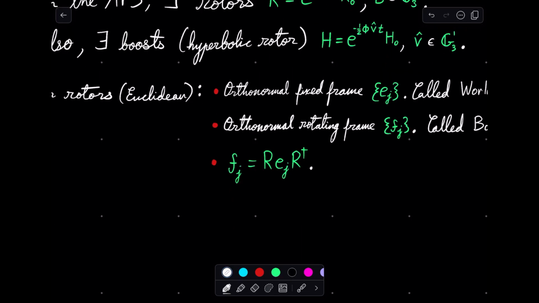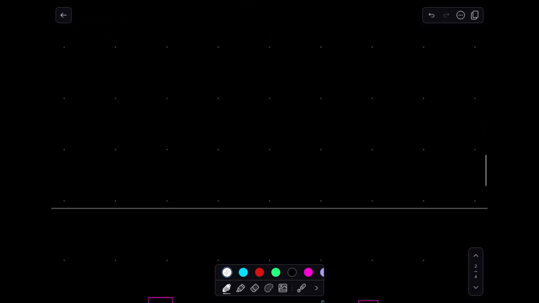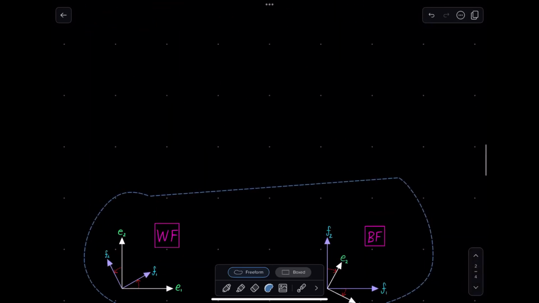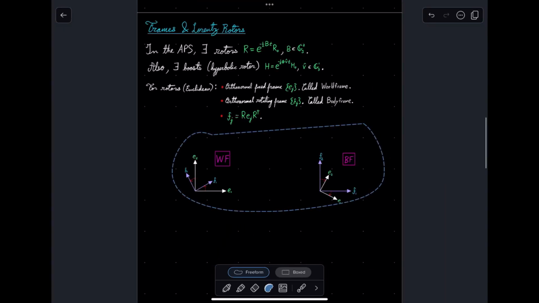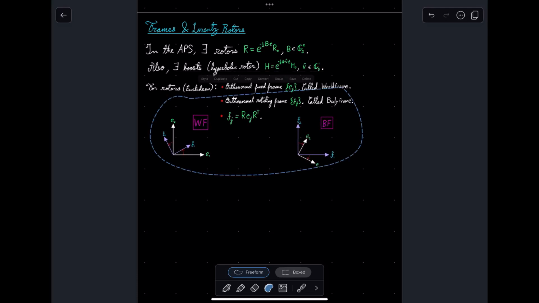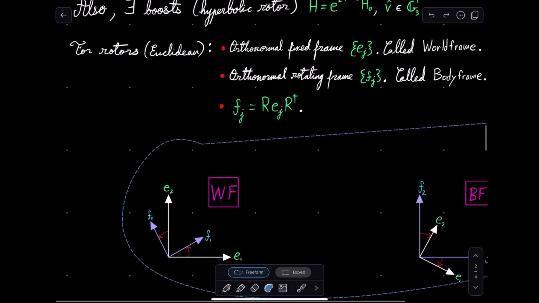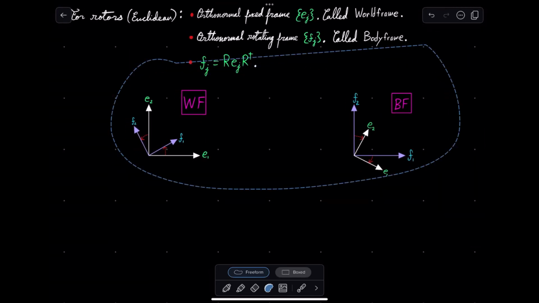But how do you visualize this? Well, I have drawings, so that's good. Let's move these up and put them right here. I'll put them a little lower just so that it's not too visually messy.